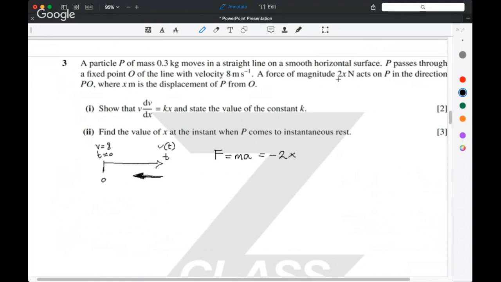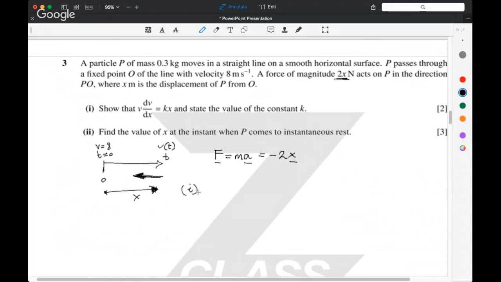It says magnitude 2x, but we put the minus in to account for the fact that it's in the opposite direction of x, where x is the amount that we've moved. So here x was 0, and here it's some number, and it's increasing, it's all positive. So therefore the force, which is acting in the opposite direction, must have the opposite sign. In fact, these things are all vectors, really, which might give you more of an idea of what's going on here. This vector is acting in the opposite direction to that vector, because that vector points from there to there. I hope that's clear.